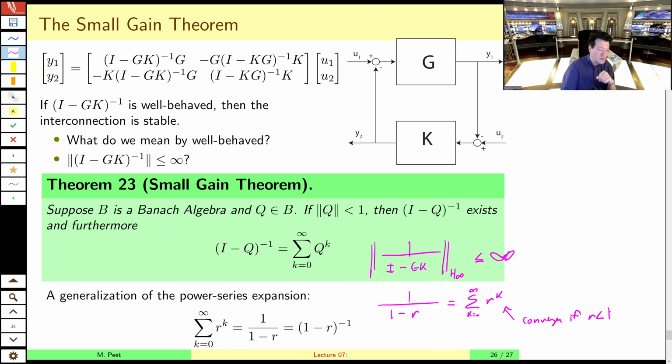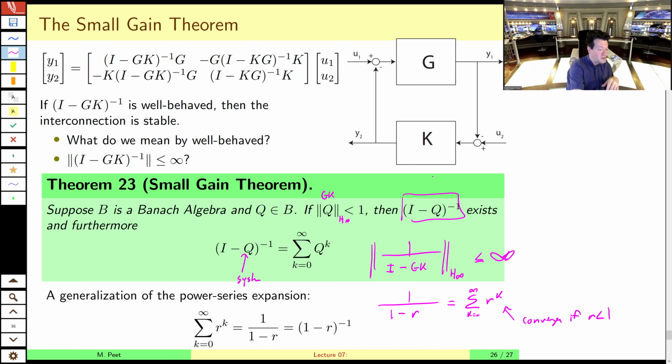This works for systems as well. If the H infinity norm of gk is less than 1, then this inverse exists and the system is well posed. So, that's pretty interesting.